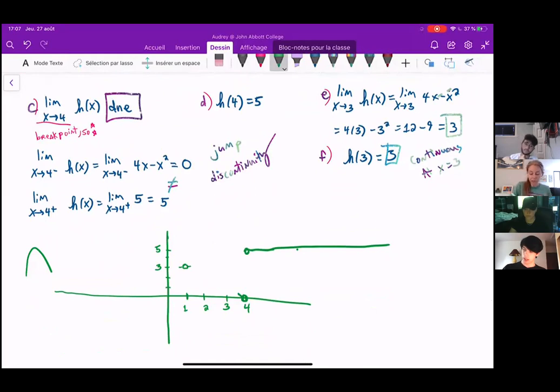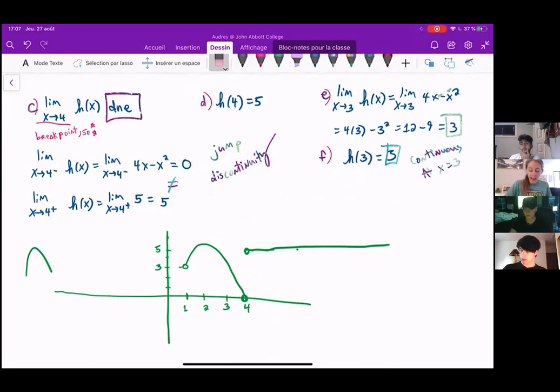I know the shape this has to take, and I got to connect these things, so this is going to look something like that. You guys see what I mean there? We drew the tails with the limits, and then we're saying we got to connect them, but this time I know exactly what shape I have to use to connect them.